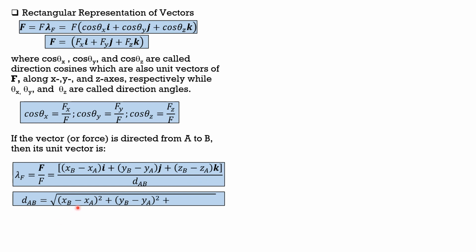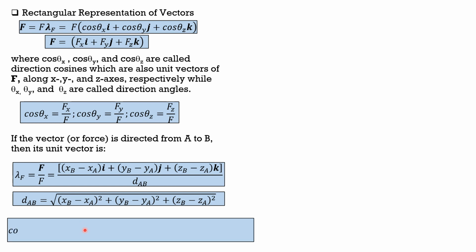We can also denote this by delta x, delta y, delta z. So the distance AB is the square root of delta x squared plus delta y squared plus delta z squared, where delta x, delta y, delta z may be thought of as the dimensions of a box enclosing the tip and tail of the vector or force.